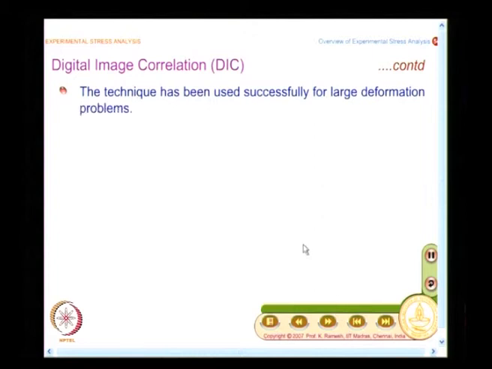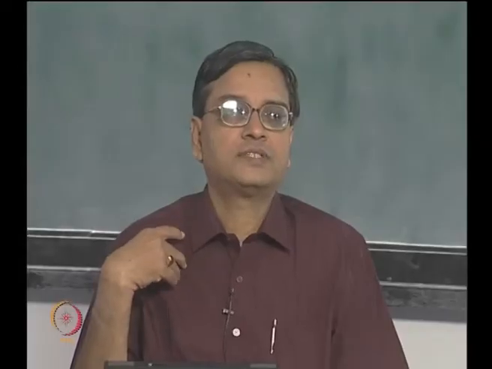And what I have here is, for large deformation problems the technique has been used successfully. That is how people start. We have seen when we looked at Moiré, people had grid methods, and then from the grid method they graduated to having the grid, put a circle inside, look at the stress direction.